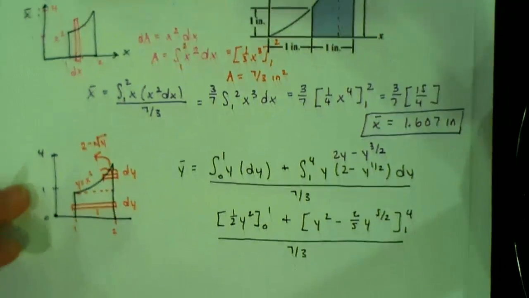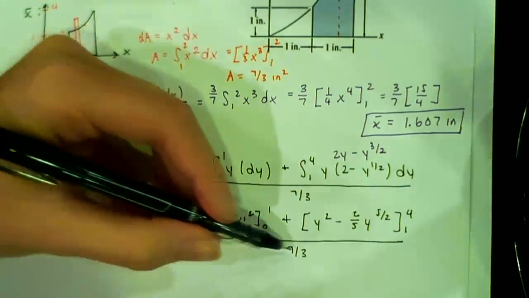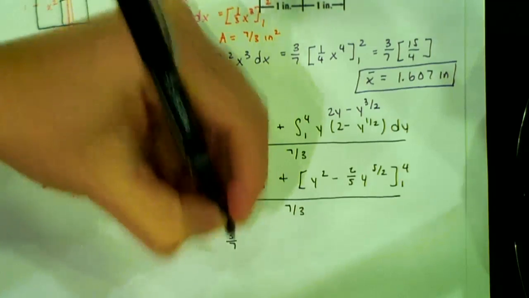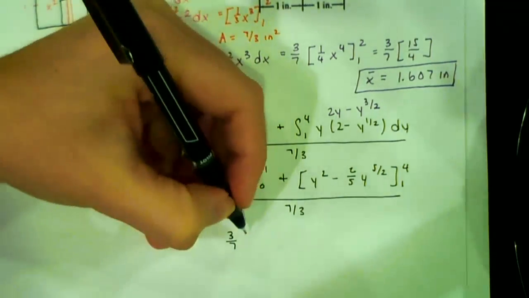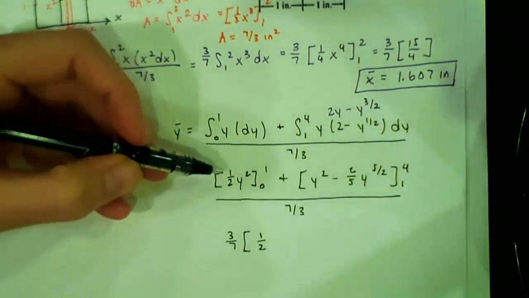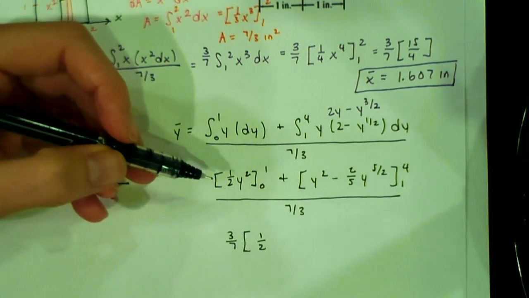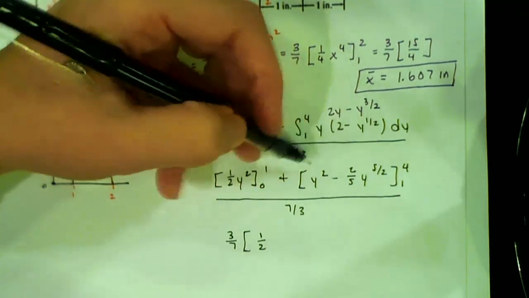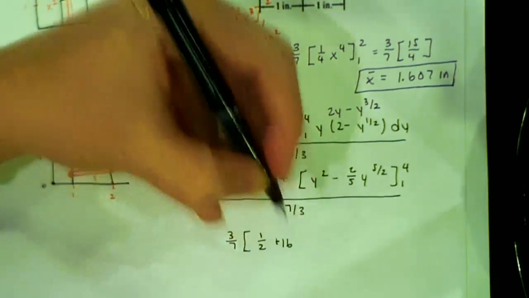So if you plug all of that in, I'll write it out. So we have 3 over 7, so I took my denominator and I flipped it. For the first term, it's just 1/2 minus 0. Then for this one, we have 4 squared, so plus 16.